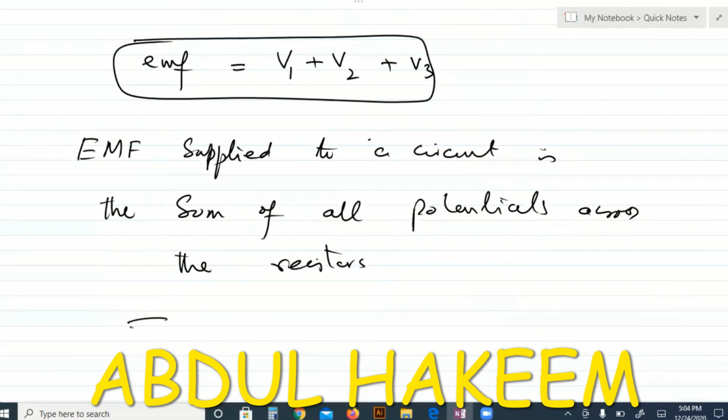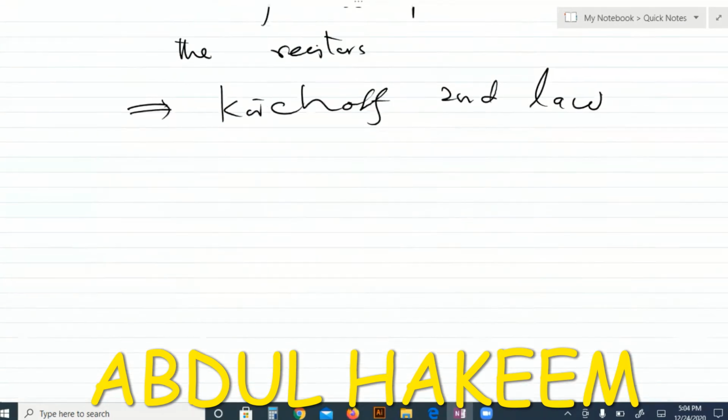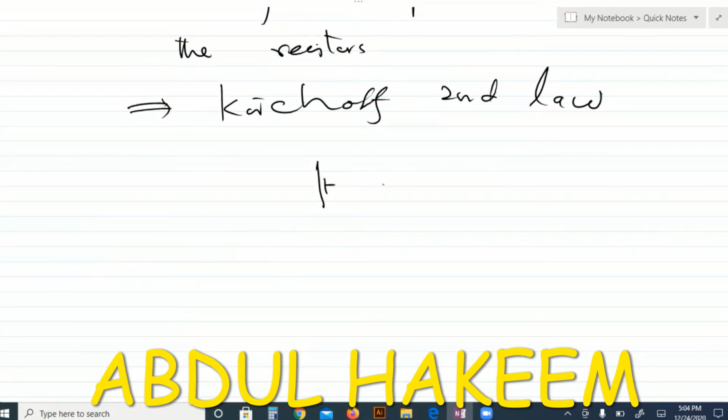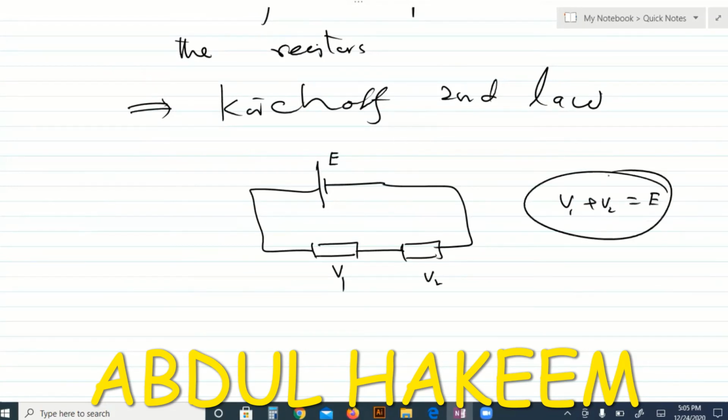Then this is called the definition of Kirchhoff's second law. Mean in a closed circuit, suppose this is a cell, it is delivering voltage to these resistors, voltage V1, V2, EMF of the cell is this. So when V1, V2 is added, the answer will be EMF.